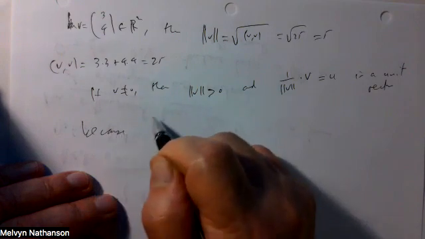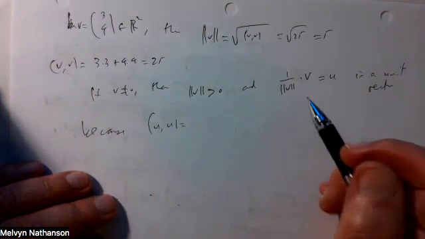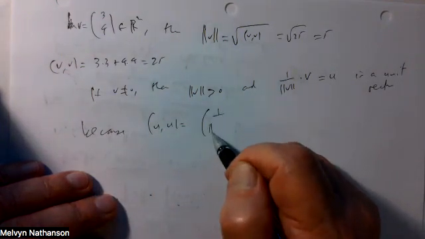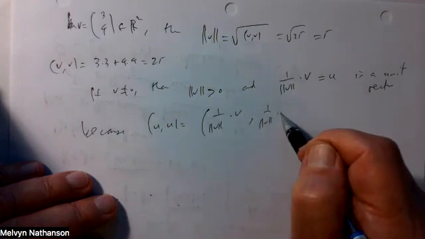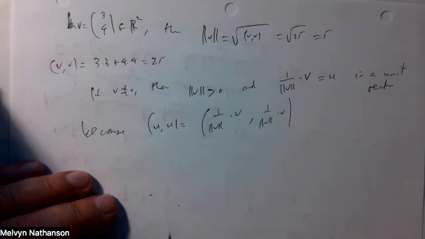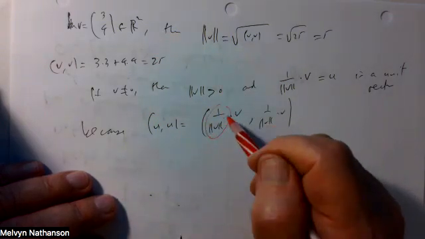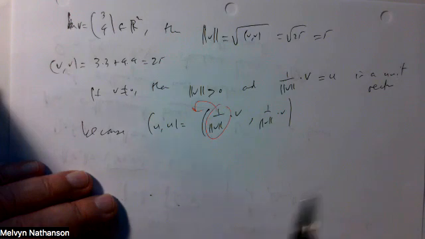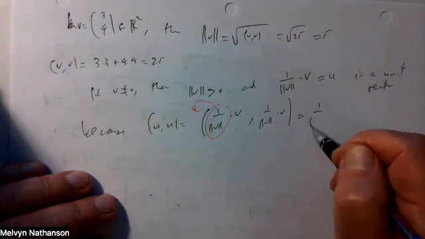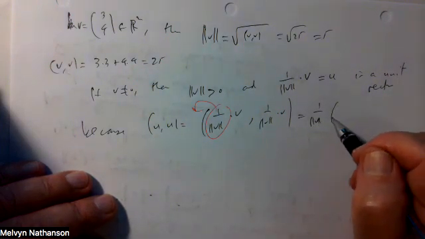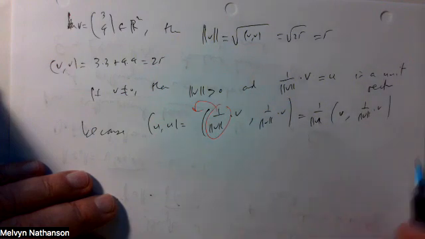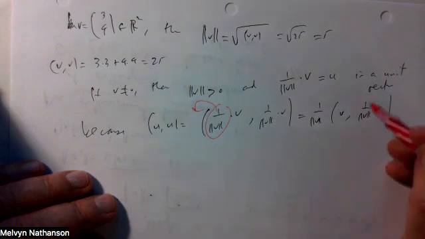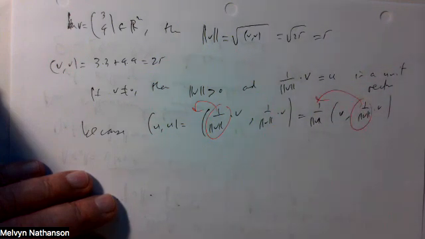because the inner product of U with U is the inner product of 1 over the length of V times V with 1 over the length of V times V. This is a scalar, so I can take it outside. So this is 1 over the length of V times the inner product of V with 1 over the length of V times V. Again, this is a scalar, I can take that outside.